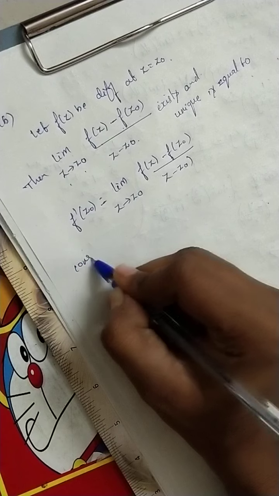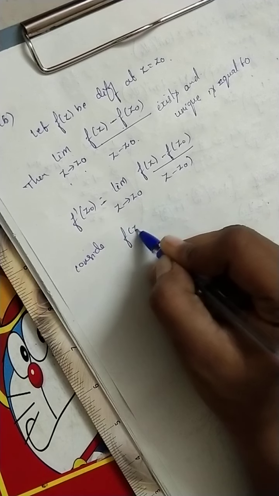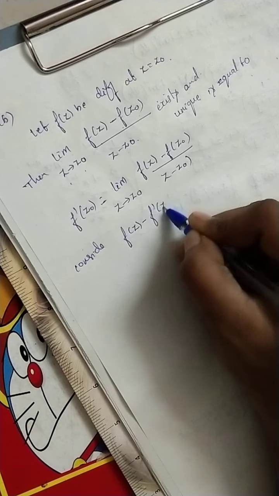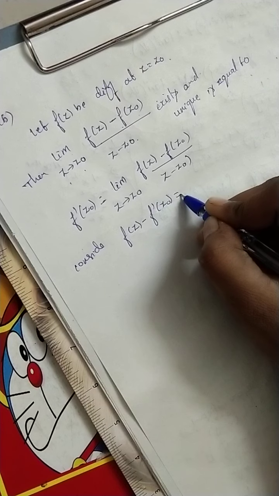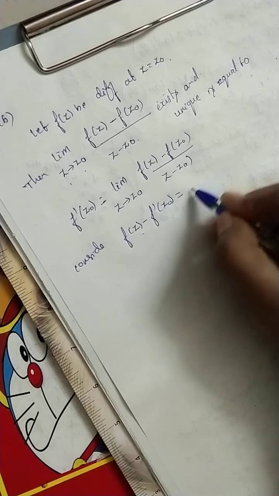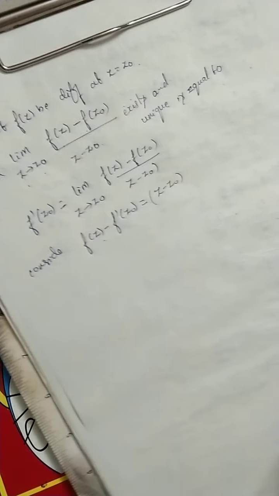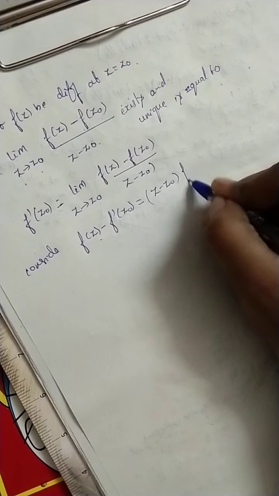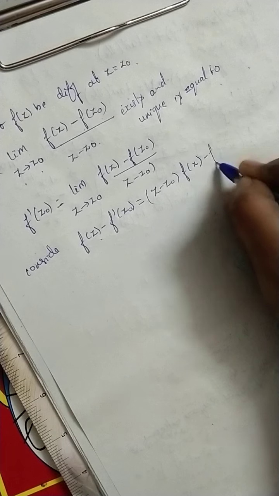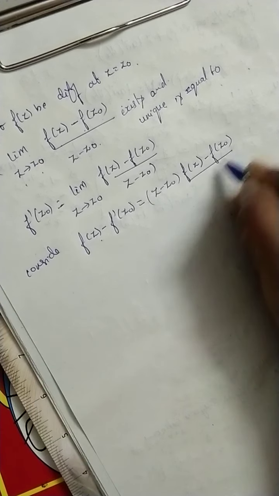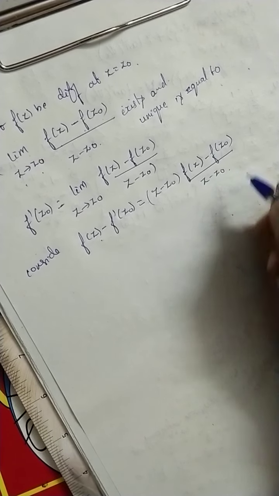So now we have to subtract both the equations. So consider f of z minus f dash of z naught is equals to, so what is our f of z? f of z is z minus z naught into f of z minus f of z naught divided by z minus z naught.